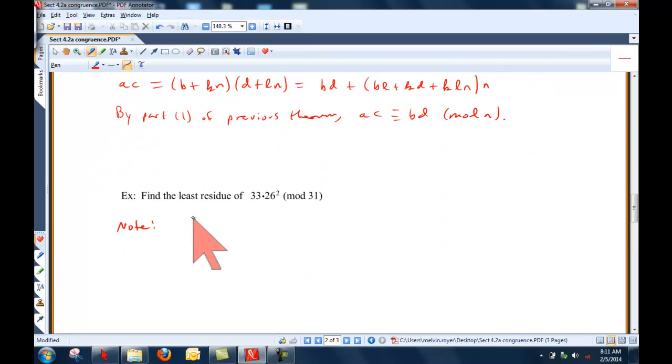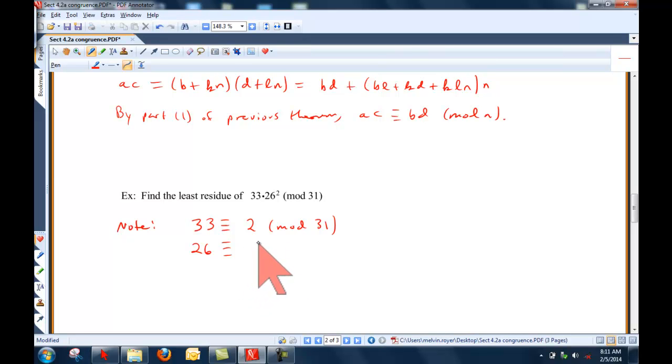So let's mod before we do the computation. 33 mod 31 is 2. And 26 mod 31 is 26. That's its least residue. It's its own least residue. But I can play around with other things that it's congruent to.